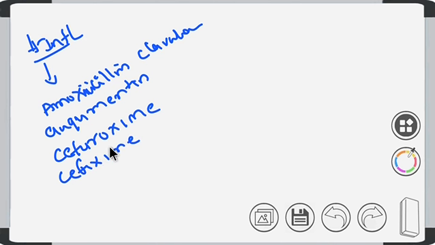Okay, these drugs must be continued for 10 days. Clear? This must be continued for 10 days.